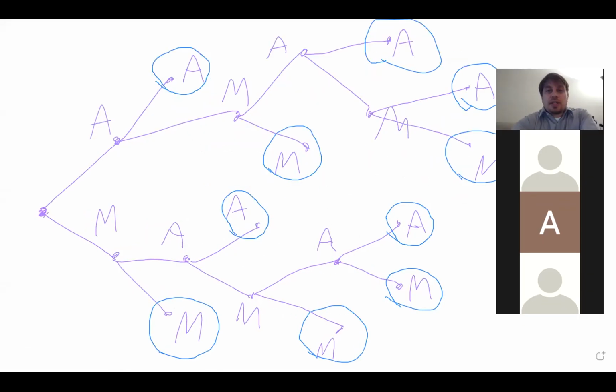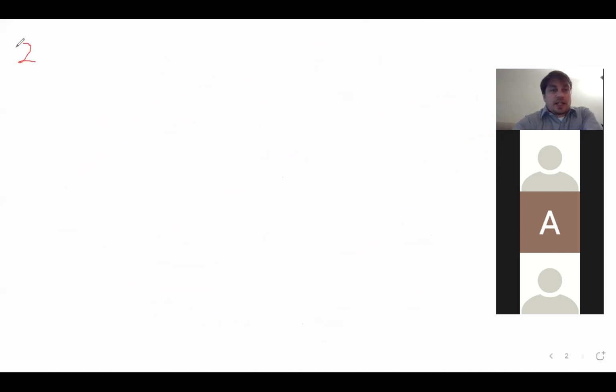This is the first tree picture, and this is the second one. Okay, so I'm going to draw a tree diagram of this situation.